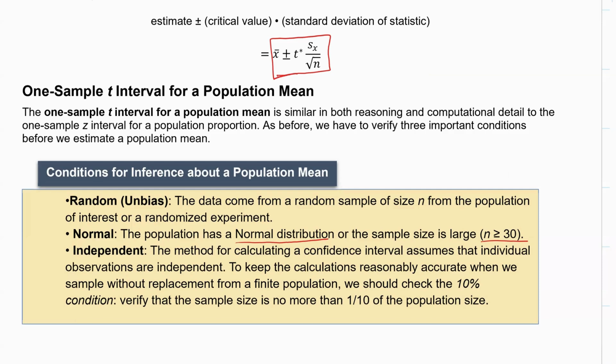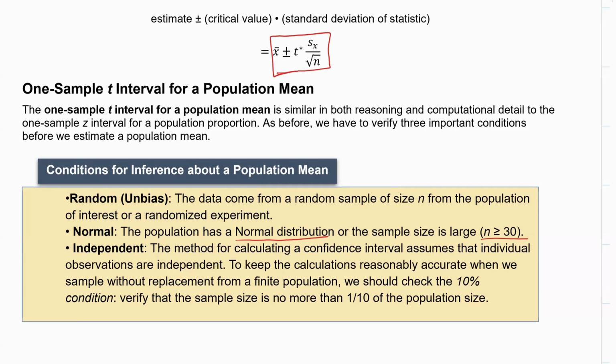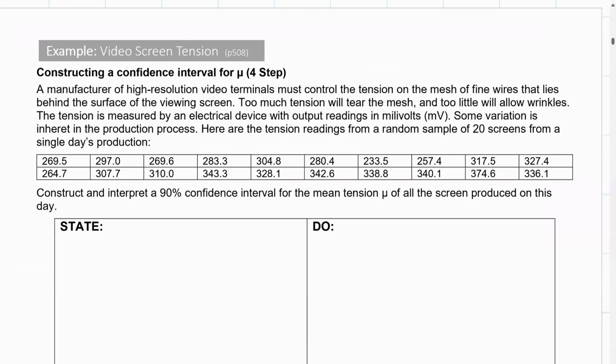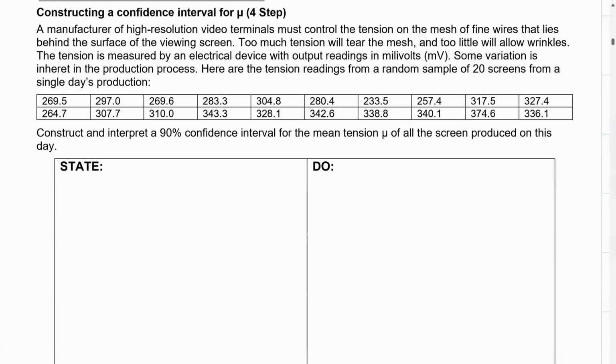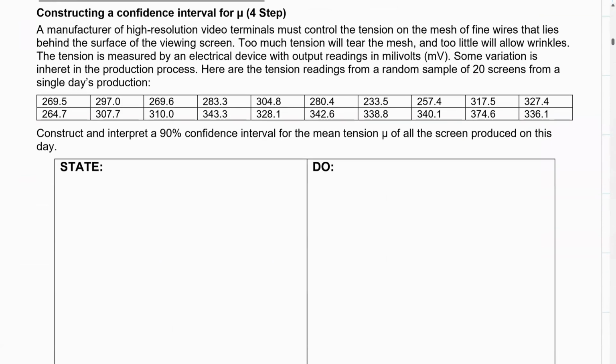Nothing more to do than to jump into a problem. And let's take a look at the four-step process for constructing a confidence interval. A manufacturer of high-resolution video terminals must control the tension of the mesh of fine wires that lie behind the surface of their viewing screens. Too much tension and the mesh will tear. Too little, it will allow wrinkles.